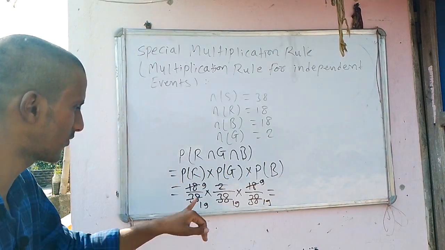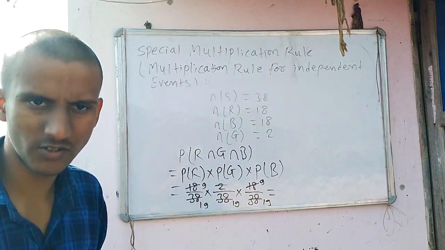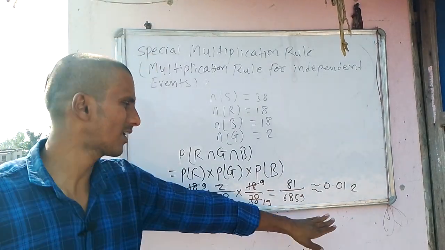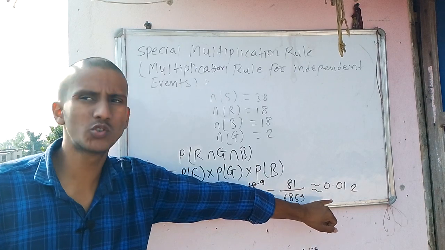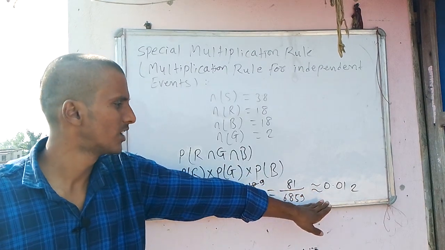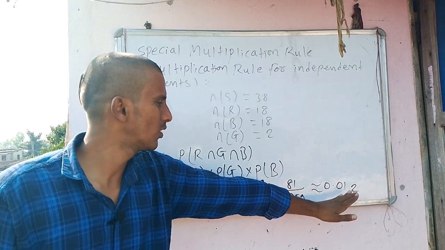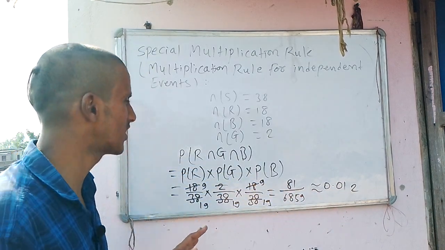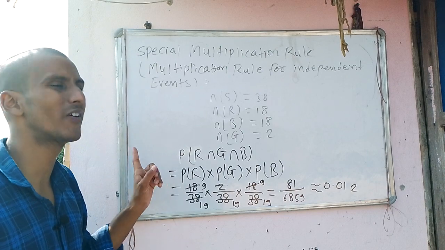Let's multiply them and compute on the calculator. Approximately this is equal to 0.012, which means 1.2%. So 1.2% is the chance of this event happening.